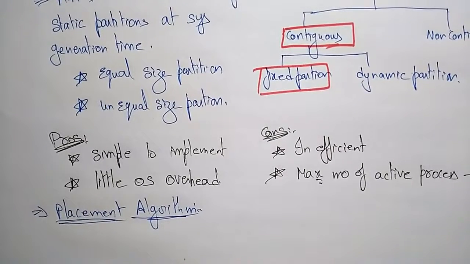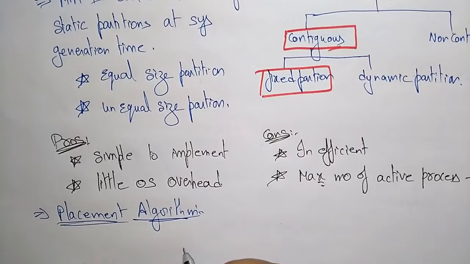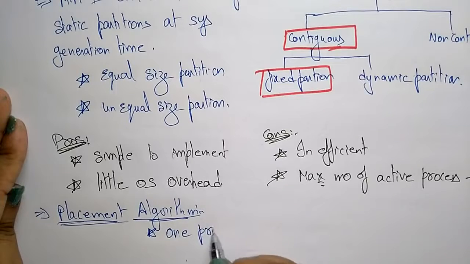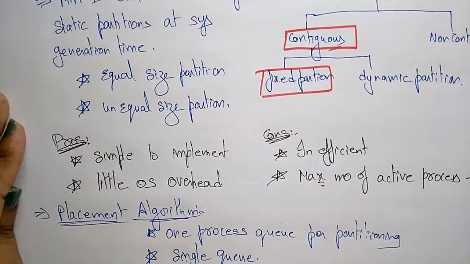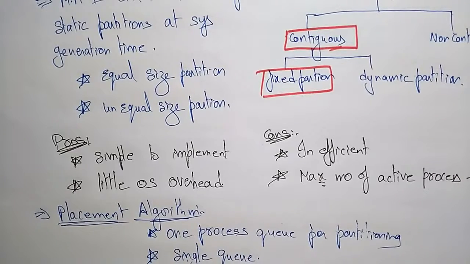You can use one process queue per partition, or you can use a single queue instead of multiple queues. Placing the process using a queue per partition or a single queue is called the placement algorithm.